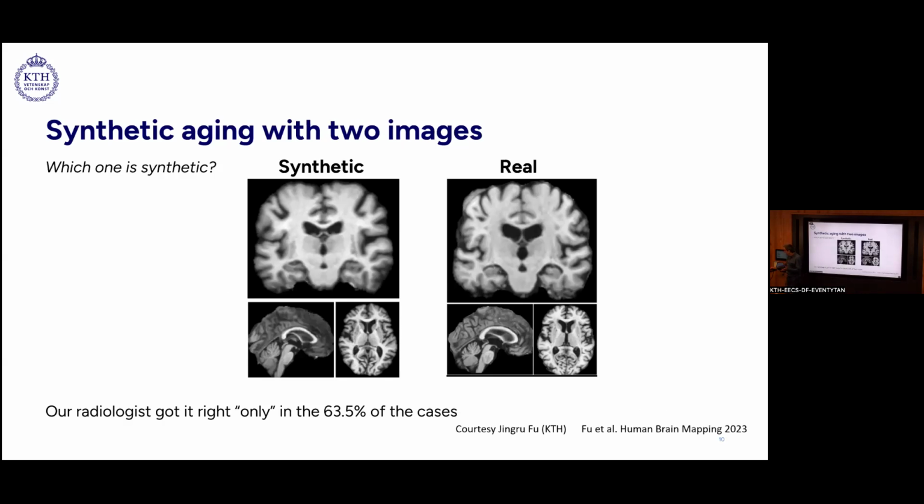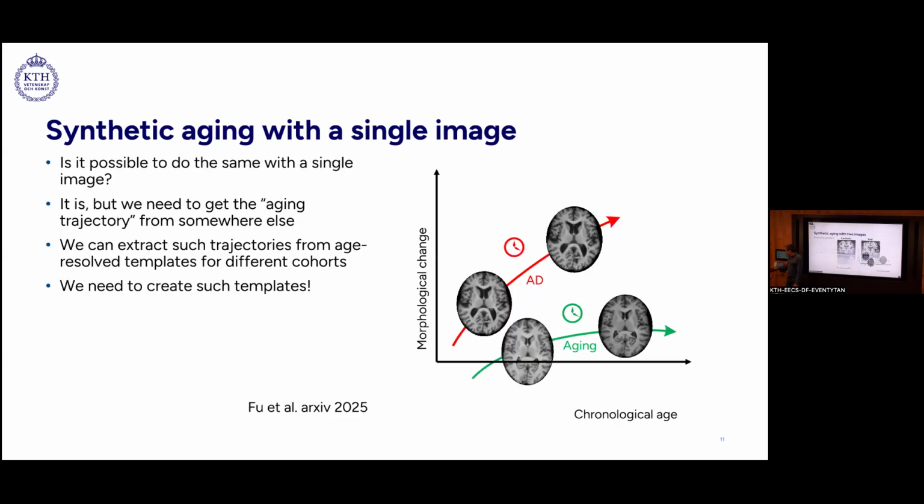So this is, let's say, easy because you need two images, but in the real scenario you just have one image. What to do if you just have one image and you want to extrapolate from it? So it's more complicated. The idea here was to take extra information from the population.